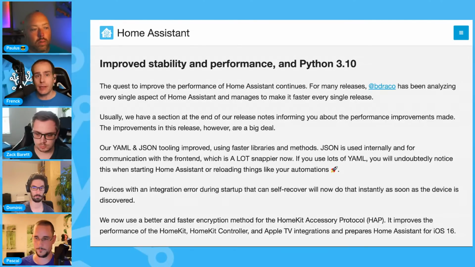Home Assistant will try to pick it up, and then on a later reconnect, try the new address, and your light will be back. That's how we keep things in sync and ensure everything works all the time. So what was changed now is that as soon as it discovers the device, it will reconnect, not wait for the next try, but just go. So especially on startup, or if something in your network changed and you start up Home Assistant, it will quickly find all that stuff and just go.